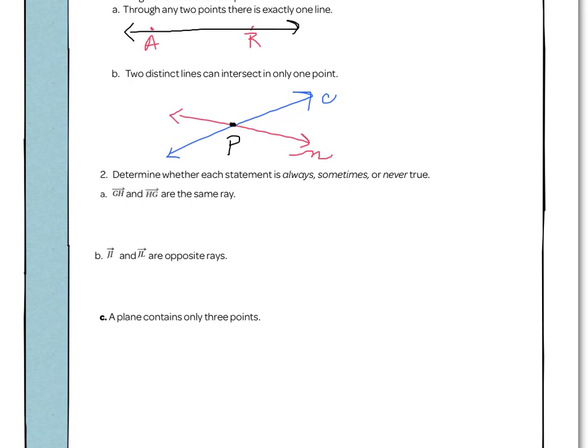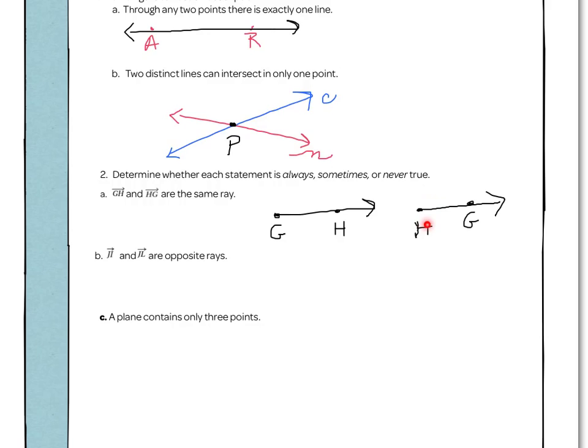Determine whether each statement is always, sometimes, or never true. Okay, so for part A, it says GH and HG are the same ray. Well, this actually is a problem because GH, the way it's drawn here, shows that the endpoint is at G. And HG, since it's a ray, H is the endpoint.